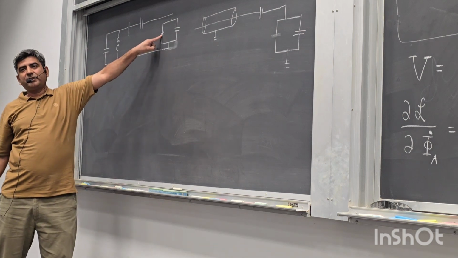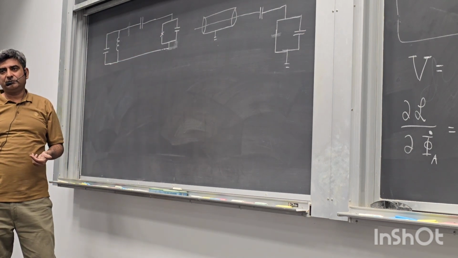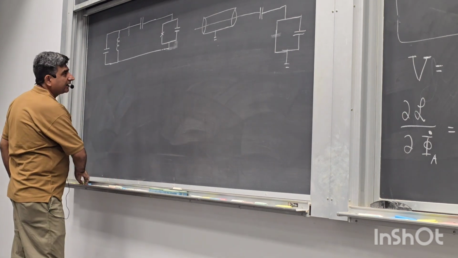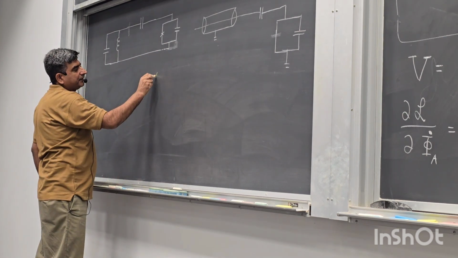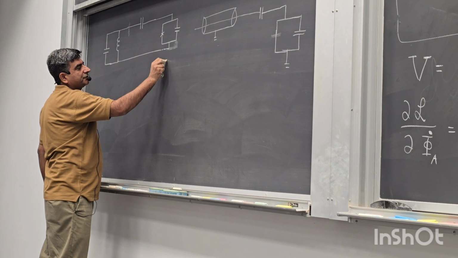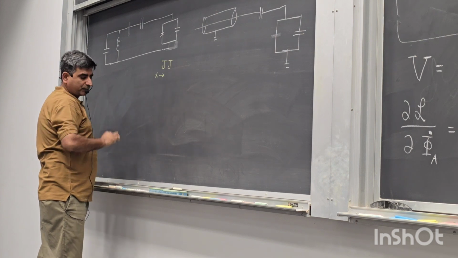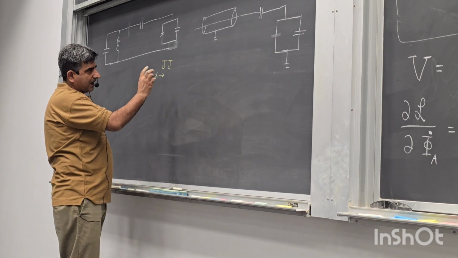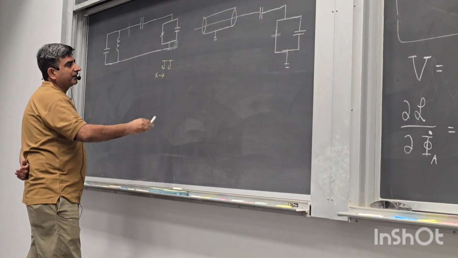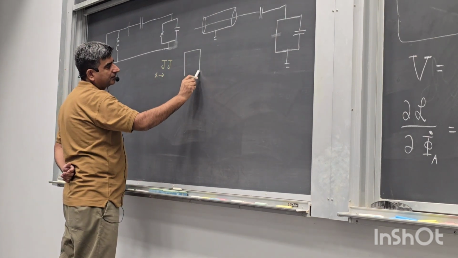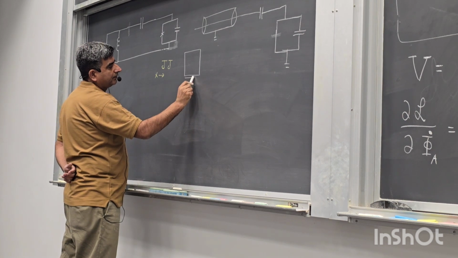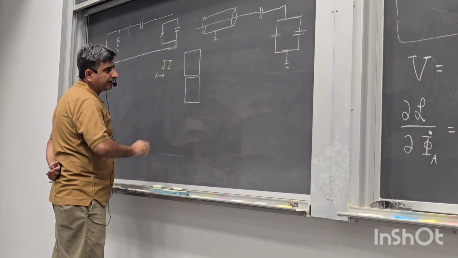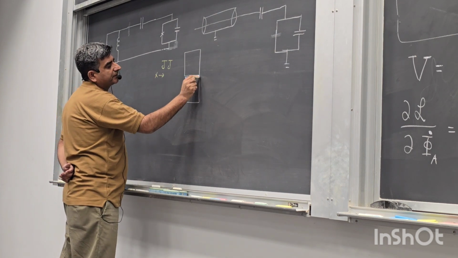Now this object here is a Josephson junction. What is a Josephson junction? Josephson was the physicist who in his PhD wrote down the Josephson equations. So it's a piece of superconductor, another piece of a superconductor, and in between there is a layer of an insulating material.